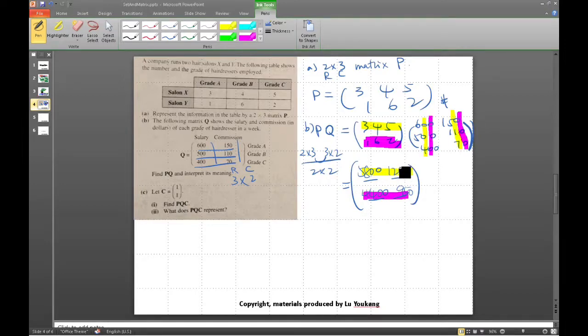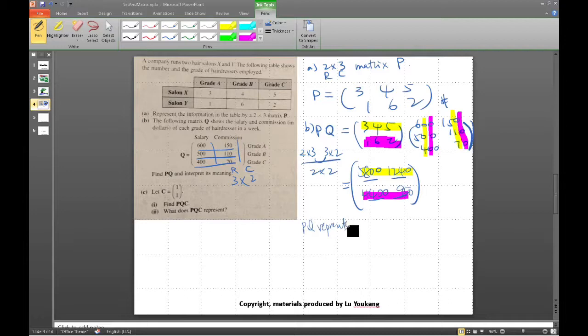As you can see in matrix Q, the first column is salary. So therefore, the first term of PQ, which is 5800, is the salary of salon X.